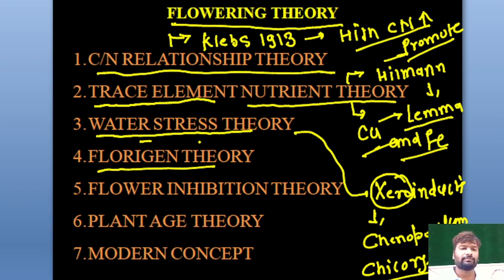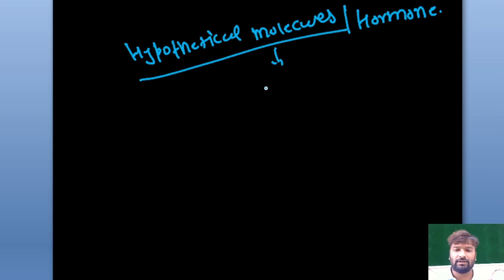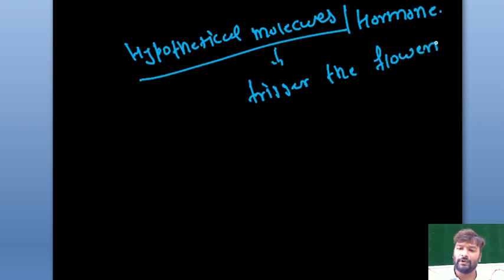According to this theory, there is a hypothetical molecule, a hormone, which triggers the flowering, and this is known as florigen.